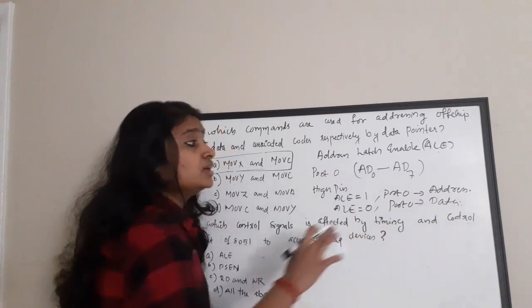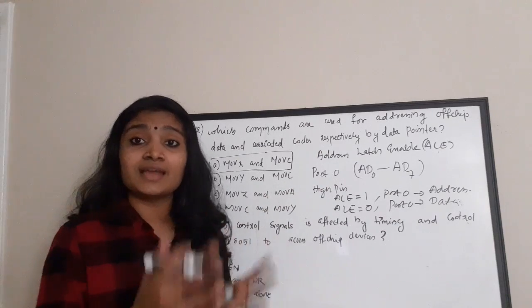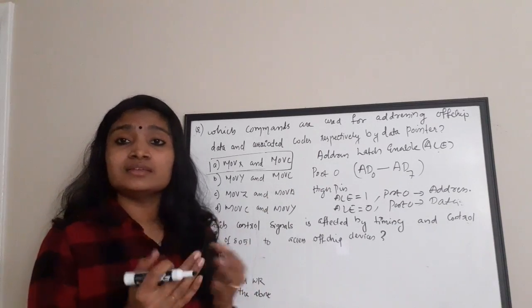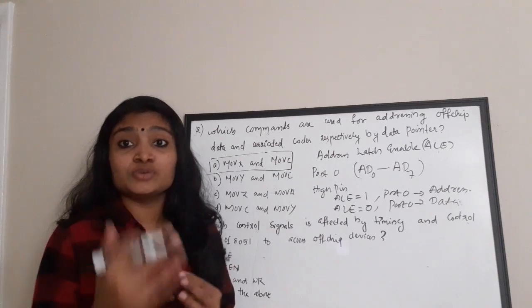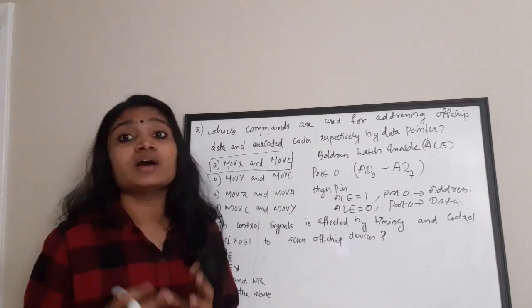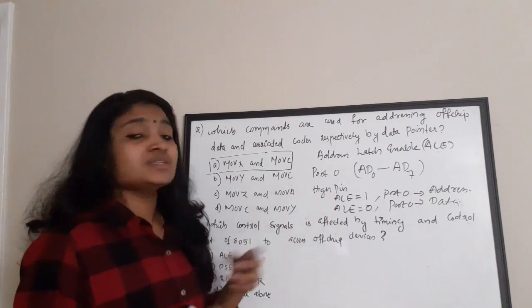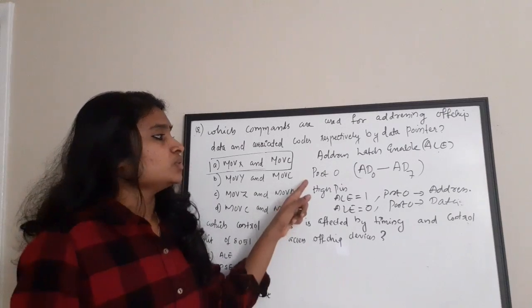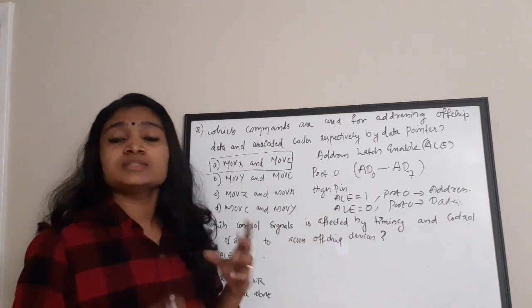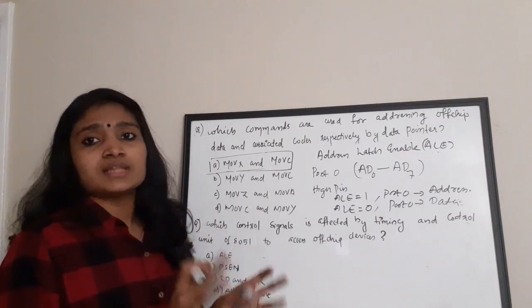So that is why we say that port 0 can be multiplexed, meaning it can carry both address and data, and this confusion is figured out with the help of the address latch enable pin, which is an active high pin. If the ALE value is 1, the port 0 is carrying an address. If the ALE value is 0, port 0 contains some data. So that is the address latch enable pin.